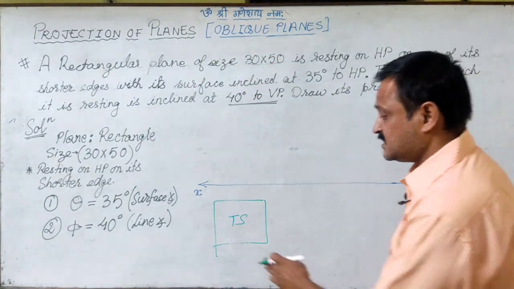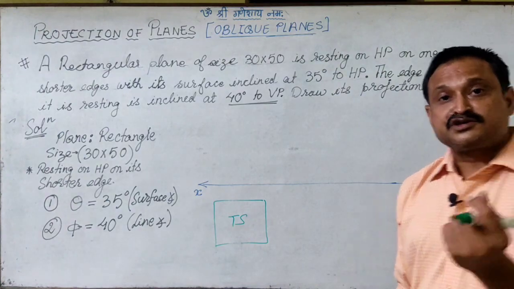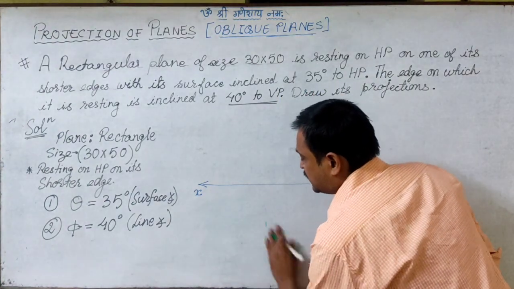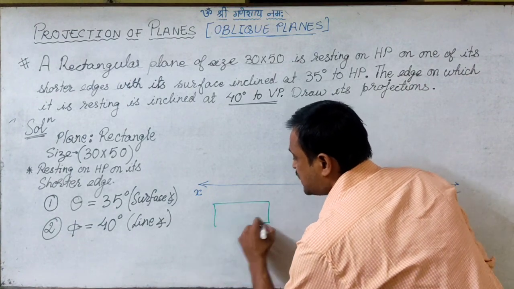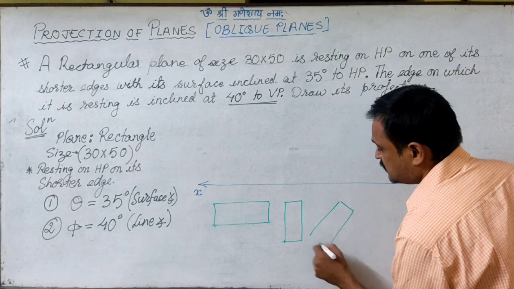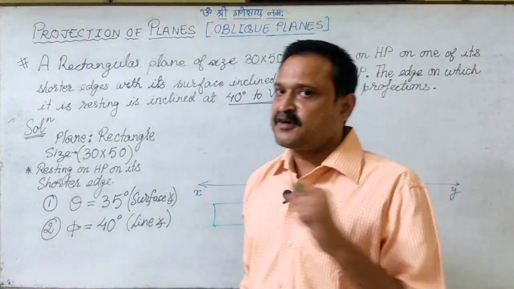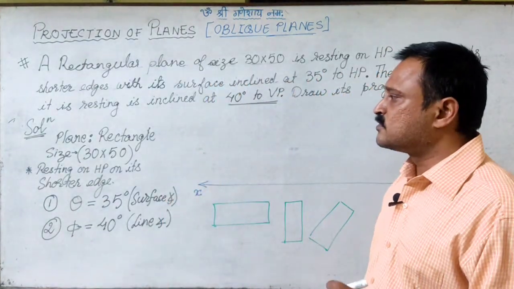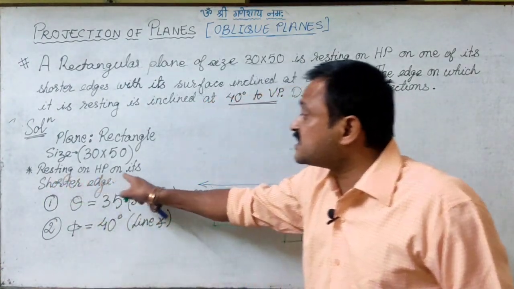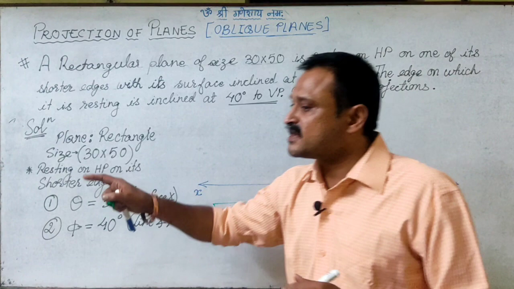Now the question arises: what should be the orientation? Whether I draw the rectangle this way, or this way, or this way. This is the question. For that, again I will have to look into the condition given to me. It is said that it is resting on its shorter edge.